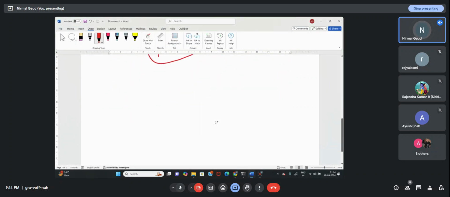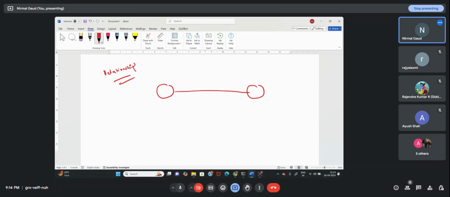So what we have seen in graph theory is that the entire concept relies on relationship. You are available with a node, you are available with another node, and you have an edge between them. That means you are trying to show some relationship between node A and node B. There could be many kinds of relationships.